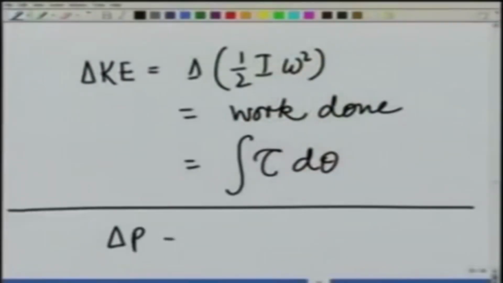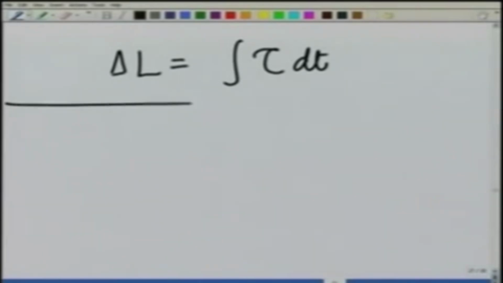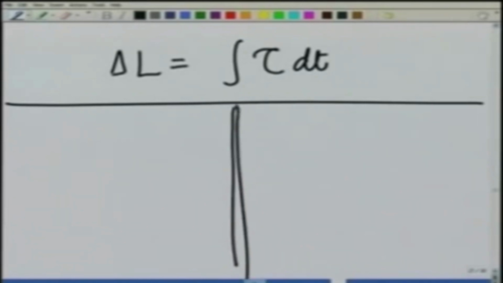Its momentum changes by the amount of impulse, F dt. In a similar manner, if I apply an impulse and that provides a torque, its angular momentum is going to change by the torque impulse.